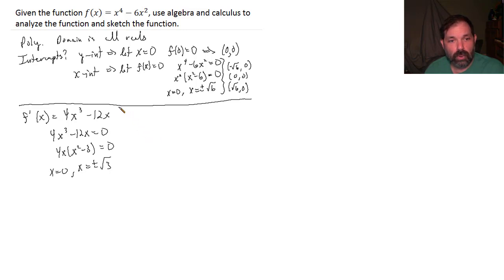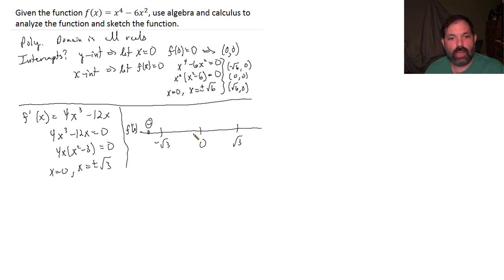And we set up our number line, and we test into the first derivative. Negative root 3, 0, root 3, testing into the first derivative. Testing a number less than negative root 3. How about negative 2? So that would be a negative number times a positive number. That would be negative.